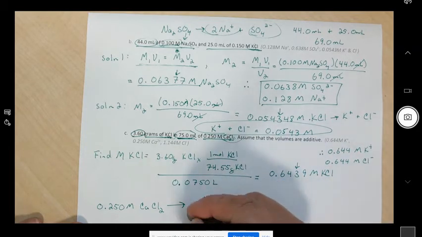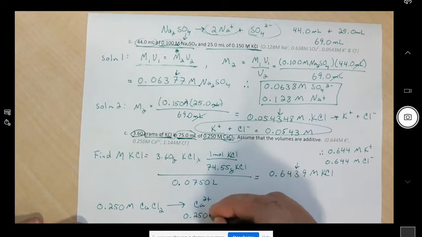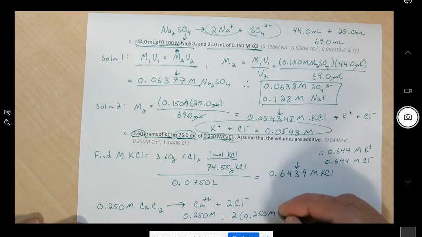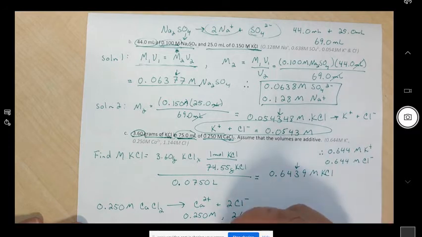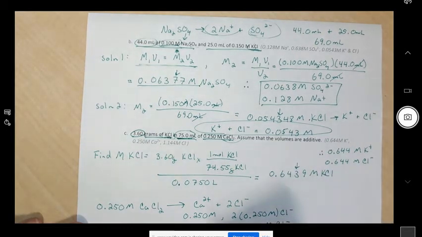So that's going to give me a concentration of 0.250 molar for my Ca2+, but I'm going to have twice the concentration for chloride ion, so 2 times 0.250 molar for my Cl-. So that's going to give me 0.500 molar Cl-.